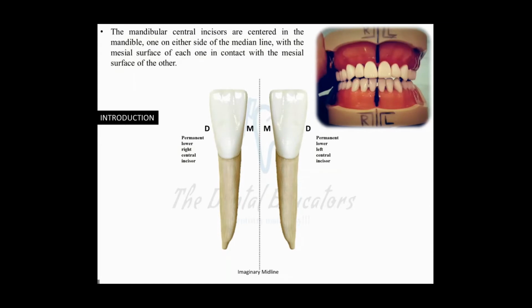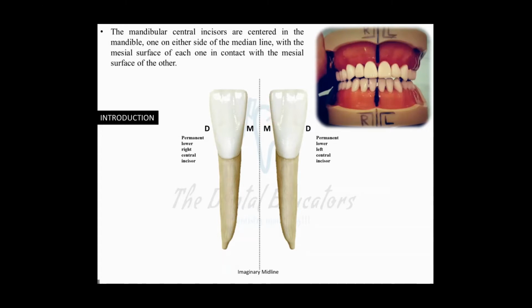So you can see here we have drawn an imaginary midline in this diagrammatic representation in the center, which is present between the two incisors, both of the left hand side and of the right hand side respectively. So basically we can see both of these central incisors will share the mesial surface with each other, because the mesial surface of both of these central incisors will come in contact with each other in the mandibular arch.